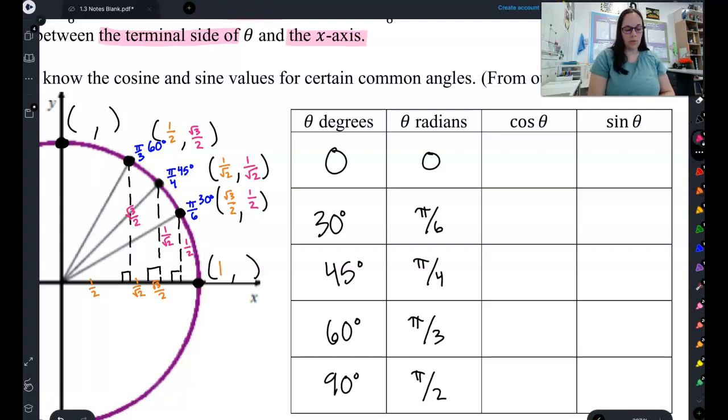We're not moving up and down in the y direction. And up at 90 degrees, we're not moving in the x direction, but we're moving up 1 in the y direction. Because the radius is 1. So using that, fill out the cosine and sine columns on this table, knowing that cosine is x and sine is y. Come back to check your work.